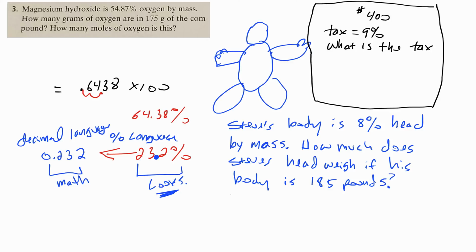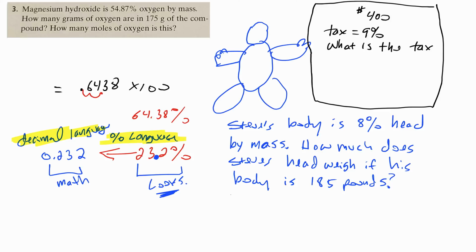Which one is the one you do math with? Yes. Do you ever do math with percent language? No. Never. In fact, calculators don't have percent buttons on them. Most don't. 99% of them don't.